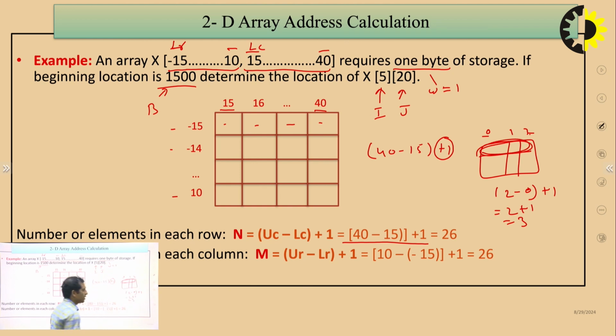So it is upper limit minus lower limit plus 1.